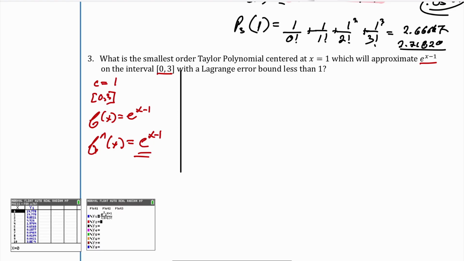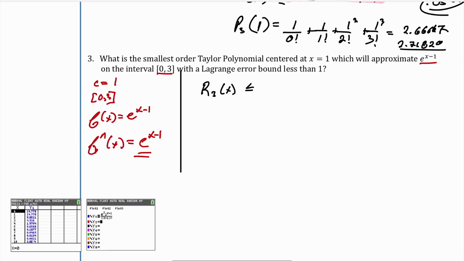Okay, so let's go ahead and take a look at this. R sub 3 of x has to be less than x minus c to the 4th. So we are centered at x equals 1.